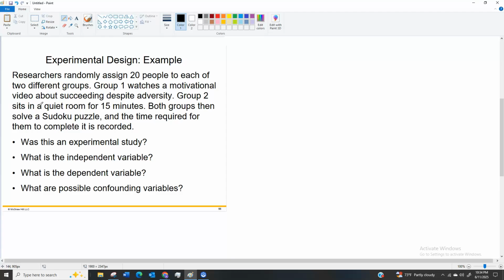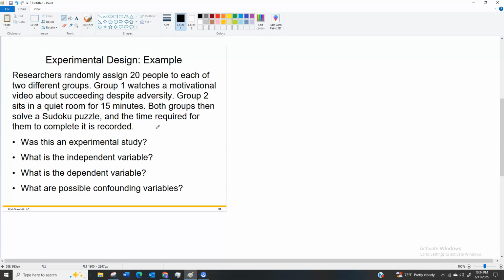Group 1 watches a motivational video about succeeding despite adversity, and Group 2 sits in a quiet room for 15 minutes. Both groups then solve a Sudoku puzzle, and the time required for them to complete it is recorded. So was this an experimental study? I'll give you a minute to think about that. Does it meet the criteria for an experimental study?